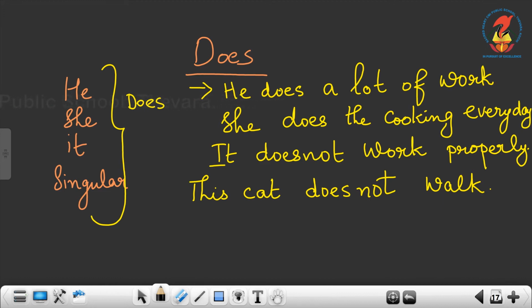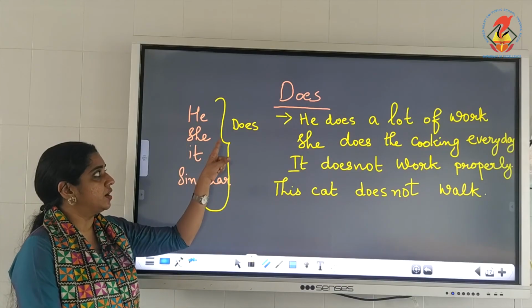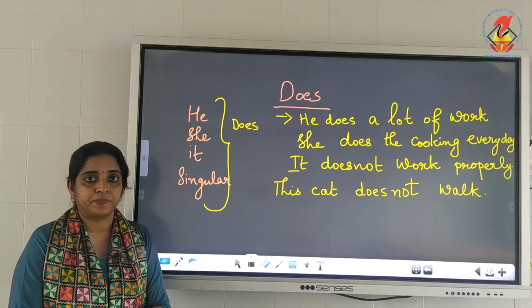For he, she, it and all singular you have to use does. Example, he does a lot of work. She does the cooking every day. It does not work properly. This cat does not walk. So, for he, she, it and singular you can use does.